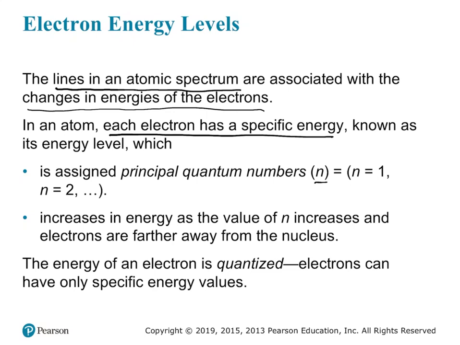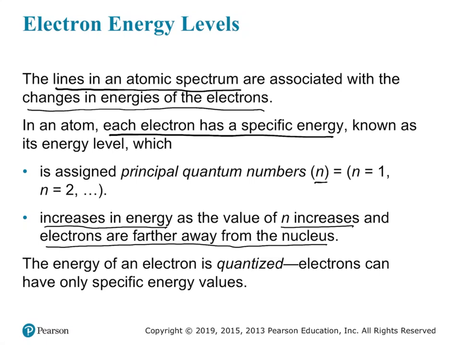So we're talking about the beginnings of quantum mechanics here, which is a whole other class, but we'll just briefly touch on it. So the principal quantum number, or the energy level, can be anything from 1, 2, 3, etc. All right, so as we have an increase in energy of electrons, the n value increases and electrons are farther away from the nucleus.